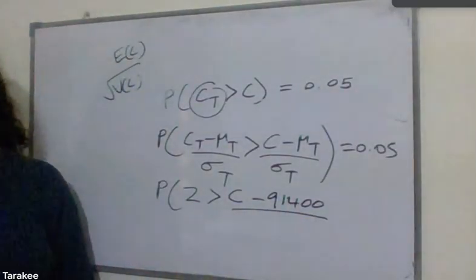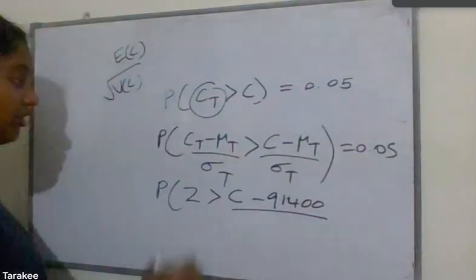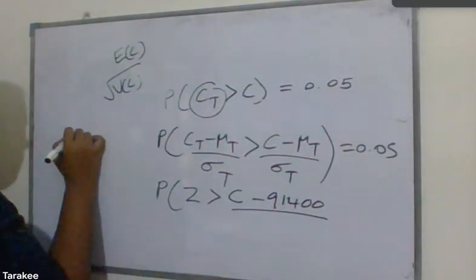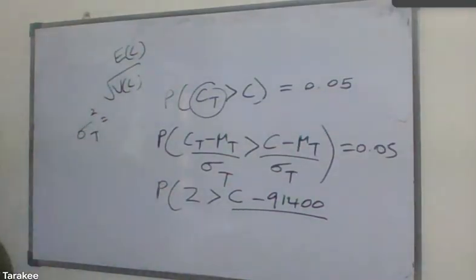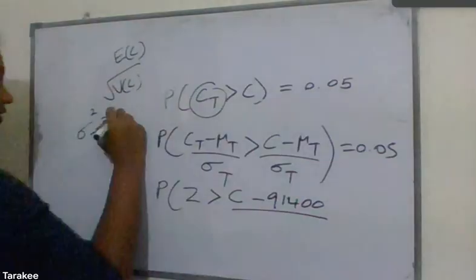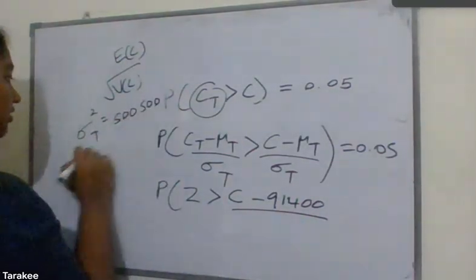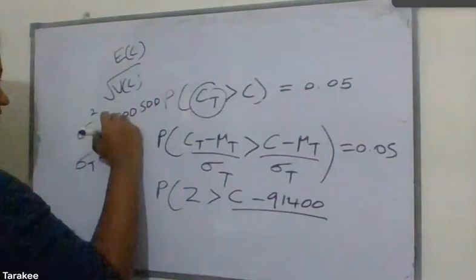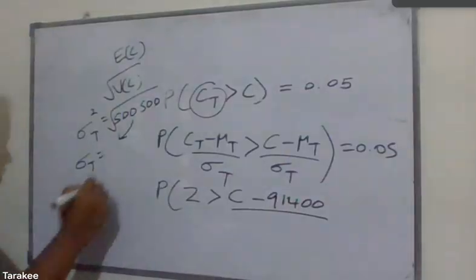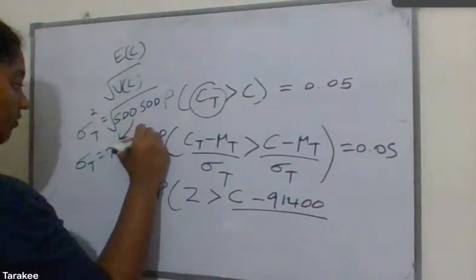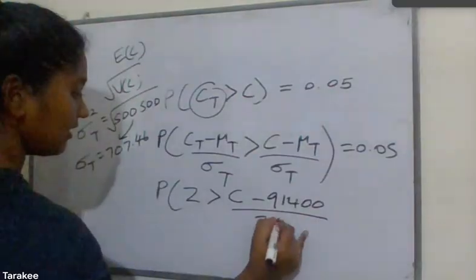And the standard deviation, we know the variance, which was 500,500. So sigma T is the square root of this, which is 707.46. So you apply that here.